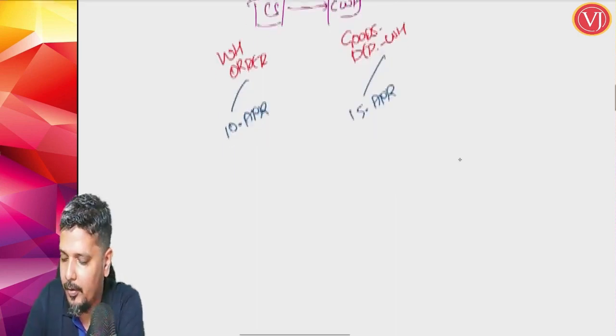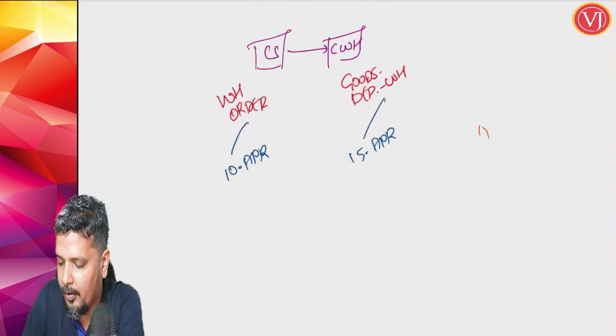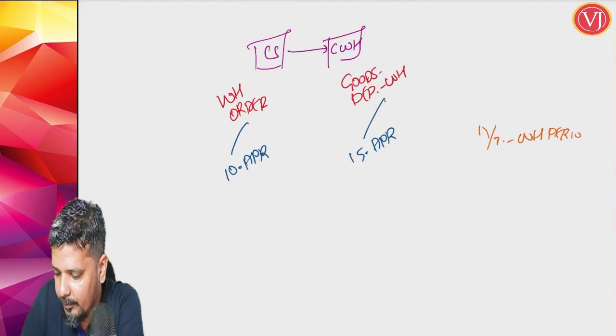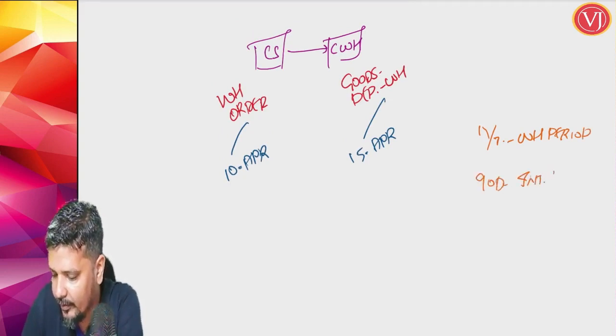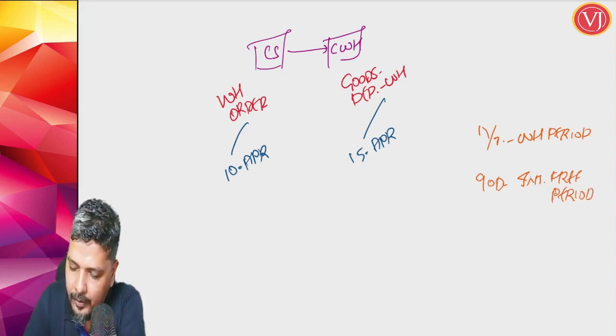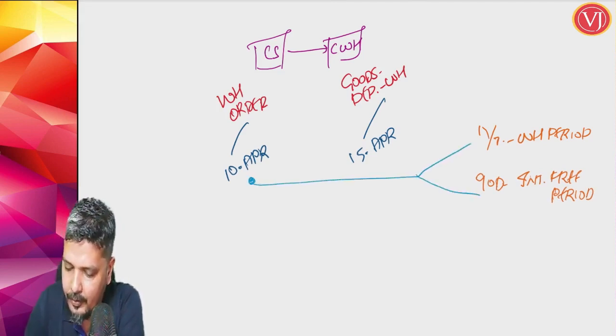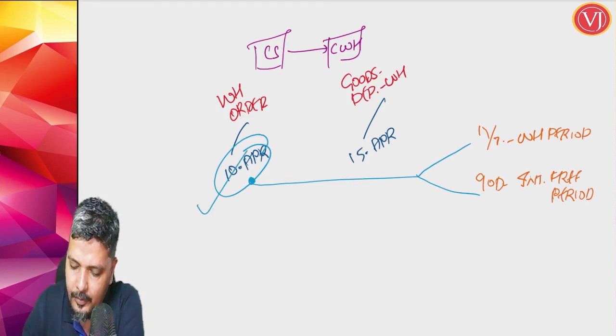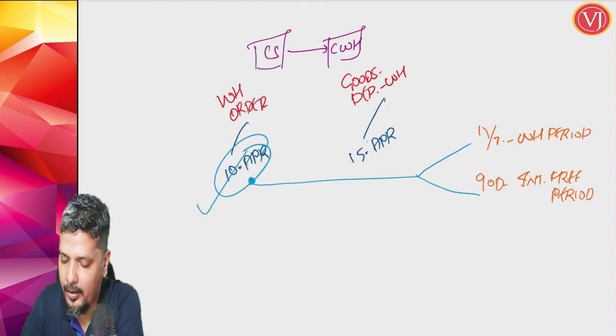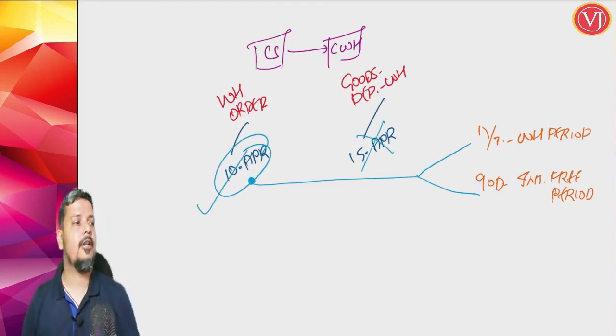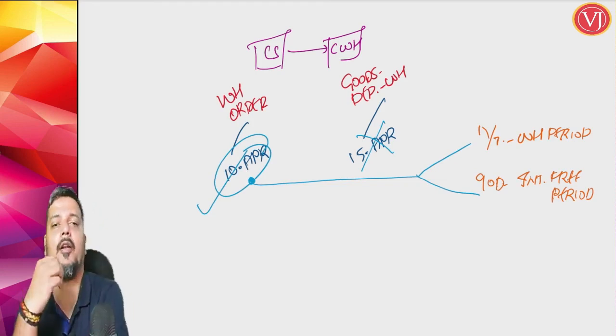The time limit of 1 year, which is warehousing period, and the time limit of 90 days, which is interest free period, starts from warehousing order and not from the date when the goods are deposited in warehouse.